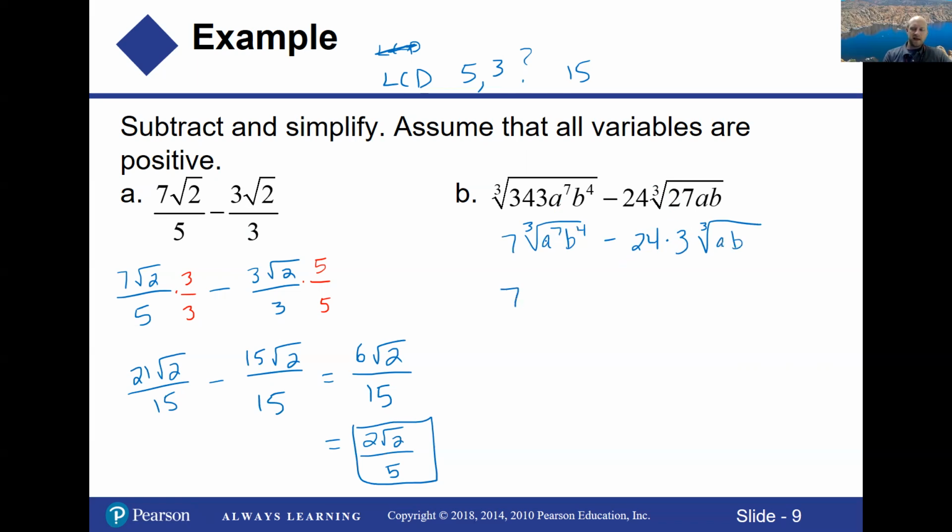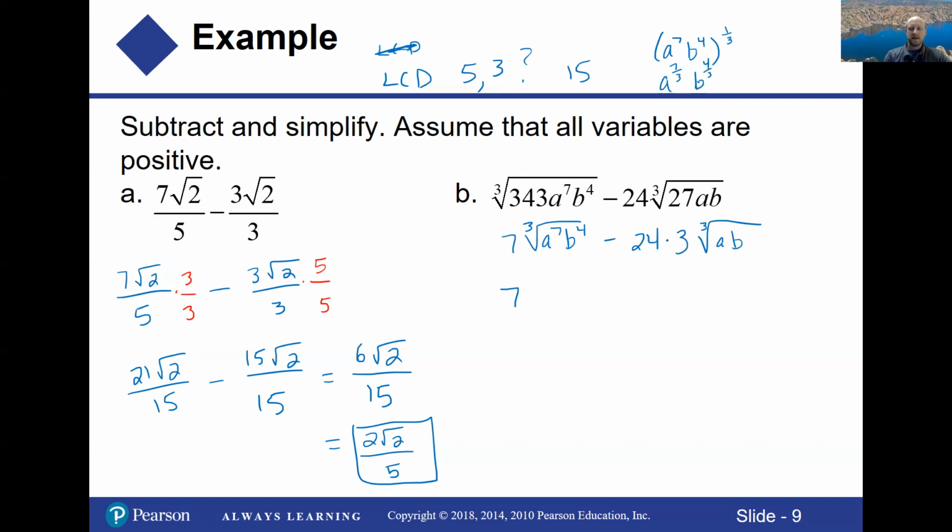Now, if I have the cube root of a to the 7th, b to the 4th, remember what we did a couple sections ago, we can write that as a to the 7th, b to the 4th to the 1/3 power. So basically I'm taking the 1/3 and multiplying it into the 7 and into the 4. So really it's a to the 7/3, b to the 4/3.